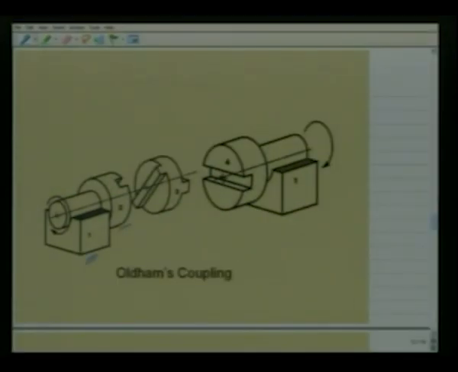Then there is a prismatic pair between link 2 and link 3, and another prismatic pair between link 3 and link 4, and the directions of these two prismatic pairs are at right angles to each other. Link 4 again has a revolute pair with the fixed link 1. Thus link 4, that is this shaft, and link 2, that is the other shaft, which are parallel, can be connected by such a coupling, and it will transmit uniform angular velocity ratio.